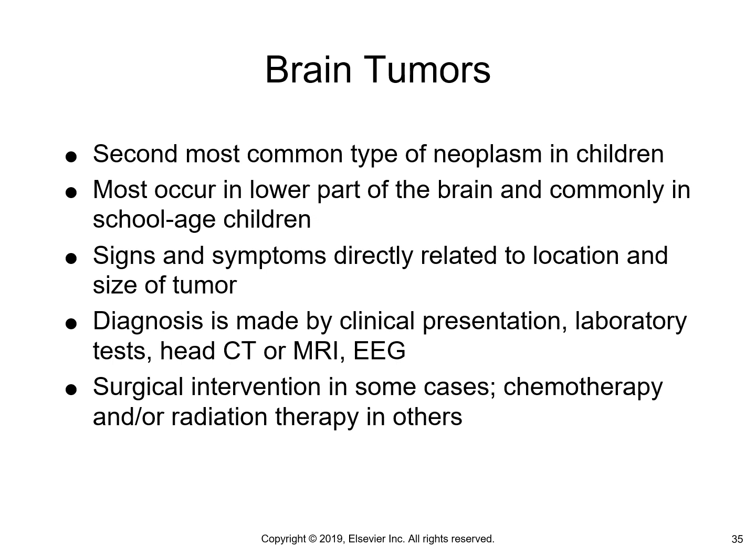So whatever is affected, that's how you're going to see the signs and symptoms. Diagnosis is made by clinical presentation, laboratory tests, head CT or MRI, EEG, and then surgical intervention in some cases.